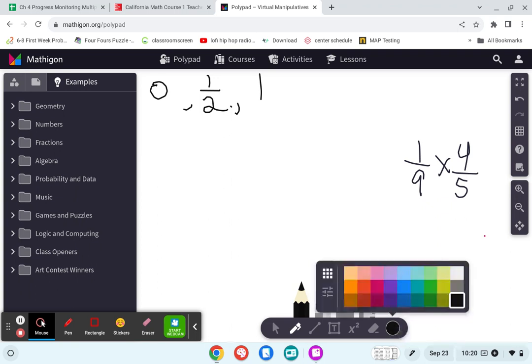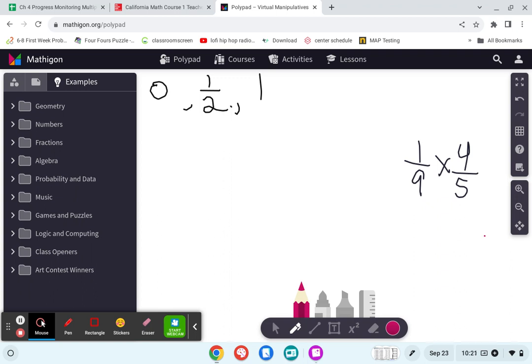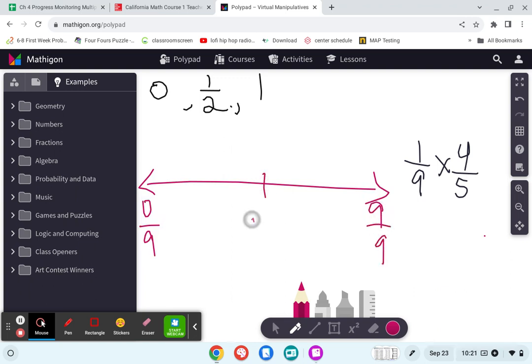I could draw it out for you, but if I had 9 notches on my number line, right? If this is 0 over 9 down here and 9 over 9 over here, halfway would be 4.5 over 9. Complex fraction.